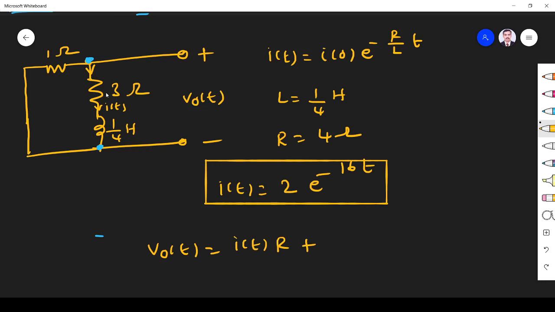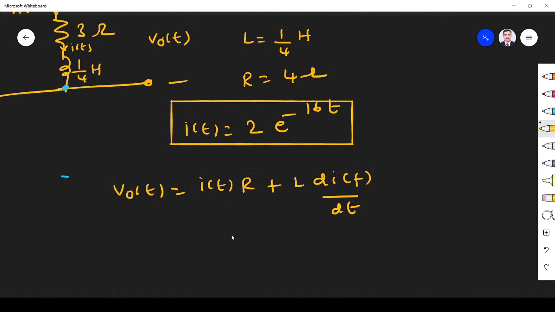That is what will drop across the resistor, and the drop across the inductor is L into di of t divided by dt. i of t is nothing but 2 into e power minus 16 t. R is 3, so 6 into e power minus 16 t, plus L is 1 by 4 d by dt of i of t, which is 2 into e power minus 16 t.